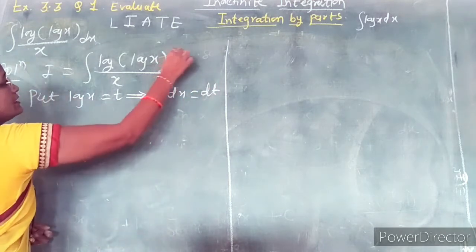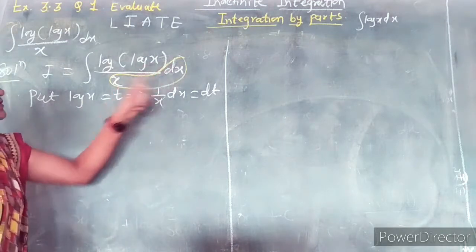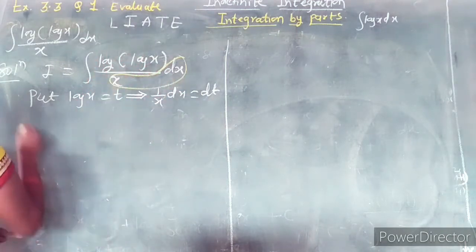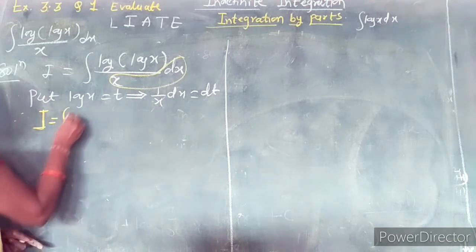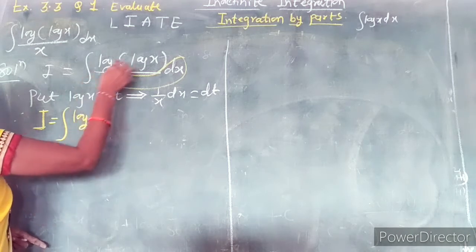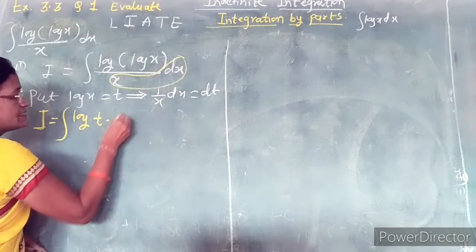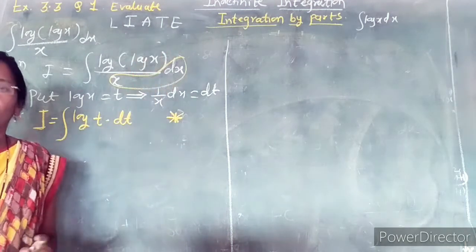Now dx upon x becomes dt, and log x becomes t, and therefore I becomes the integral of log t dt. This is an important step to find the integral of log x.